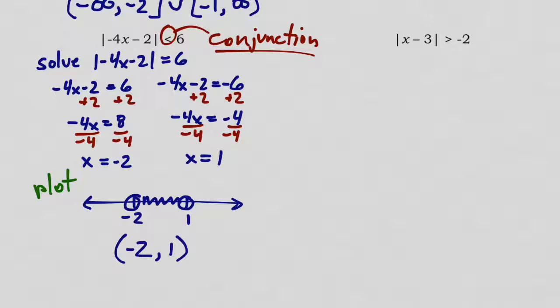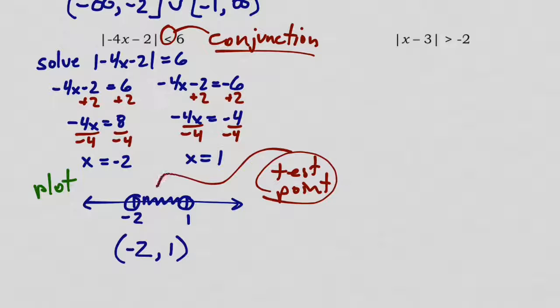If you're concerned that you didn't choose the interval correctly, we could always use test points to check our work. 0 is a value in between -2 and +1, so when x equals 0, it should satisfy the inequality. So I get the absolute value of -4 times 0 minus 2.